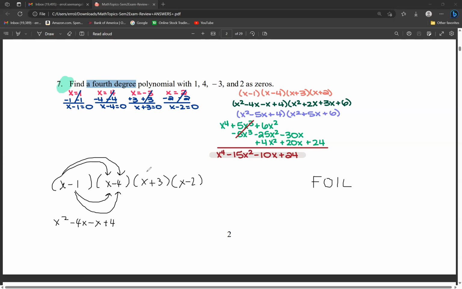Okay, now this one and this one: first, outside, inside, last. Tell me this one. x squared.